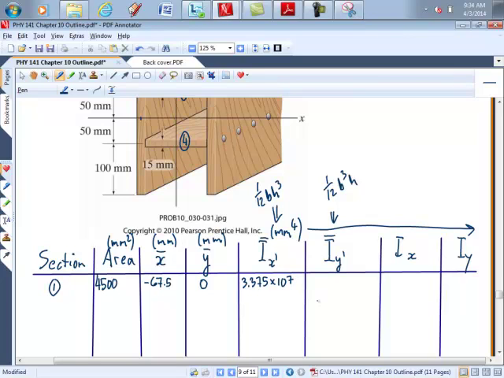And now I can jump ahead. What's the moment of inertia about the centroid of the composite going to be about the x-axis? It's going to be the same because they have the same x-axis. Y bar 0.